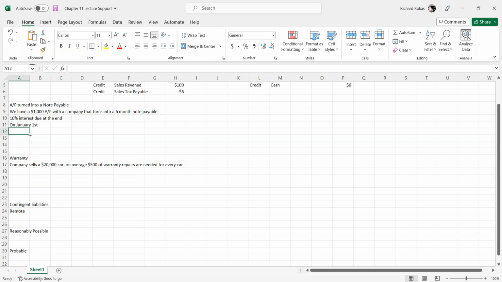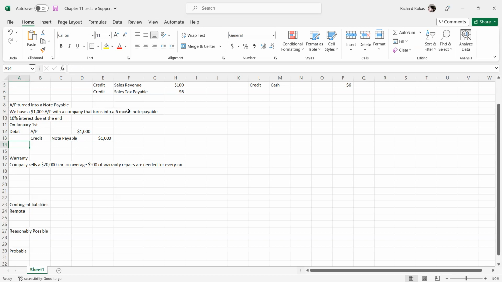We're going to debit accounts payable for $1,000 and credit note payable. I'm just abbreviating it. Actually, since it's our first time, I'll write note payable out long, but we'll start abbreviating. All we're doing is transferring it from one type of liability to another. It's no longer an account payable. It's now a note payable. That's on January 1st.